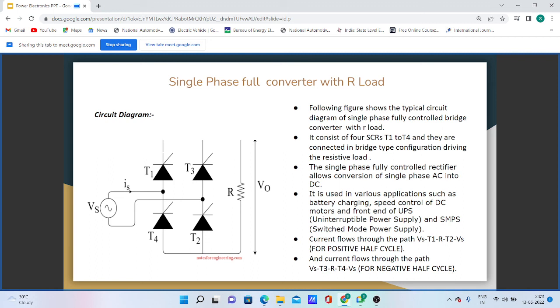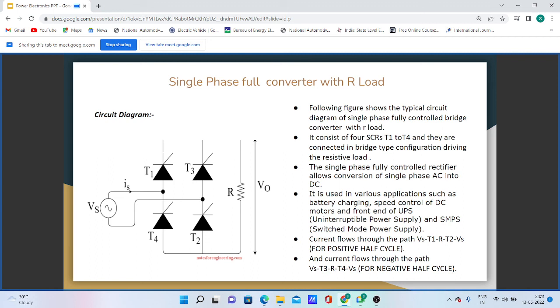The current cycle of the circuit diagram will start from the source, and then the current will flow through thyristor T1, and after thyristor T1 the current will flow through the resistor, and after that it will go to thyristor T2 and get back to the source.